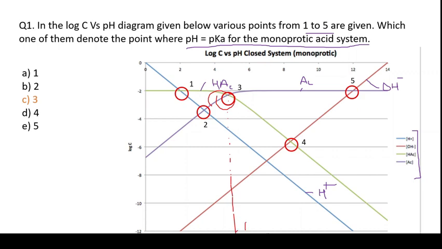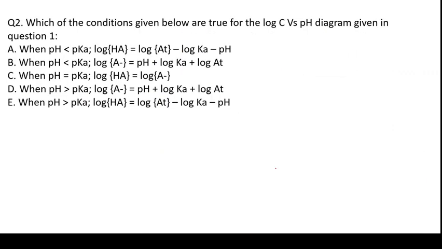This is pKa. Here the concentration of conjugate acid is equal to the concentration of conjugate base. This is point 3. At pH equal to pKa, the activity of HAc is equal to the activity of acetate, which is at point 3.